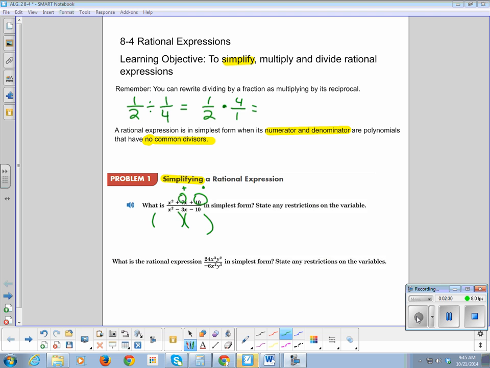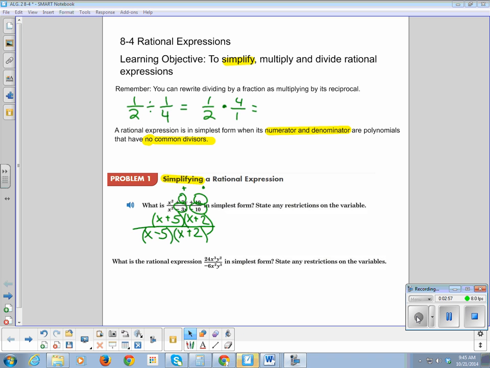So I would say that would be 5 and 2. And then for the denominator, we want to find 2 numbers that multiply to give you -10 and add to give you -3. Well, I would say that would be -5 and +2.